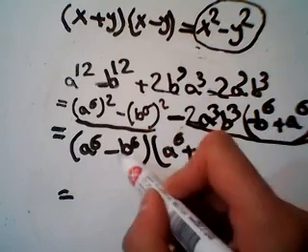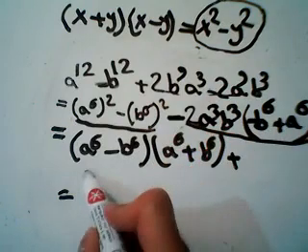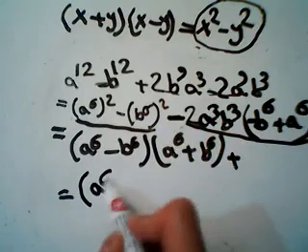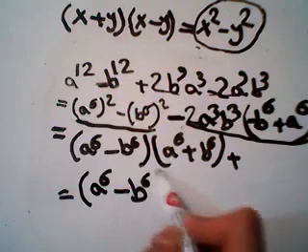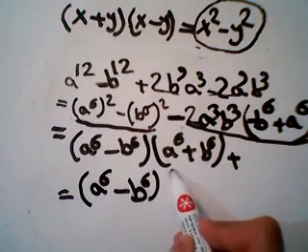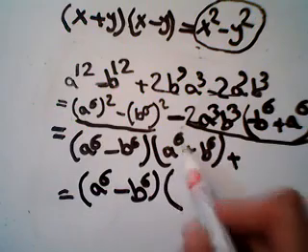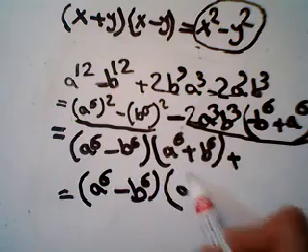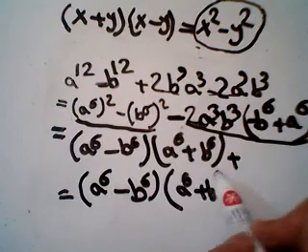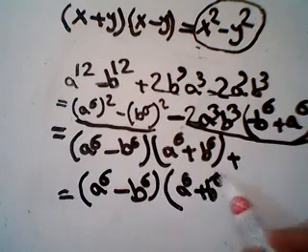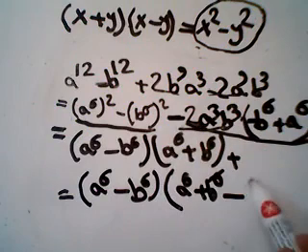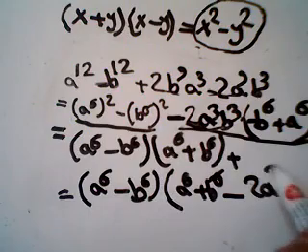These are that. Okay, so we write it as a to the power of 6 plus b to the power of 6 times this one, a to the power of 6 plus b to the power of 6 minus this one, 2a cubed b cubed.